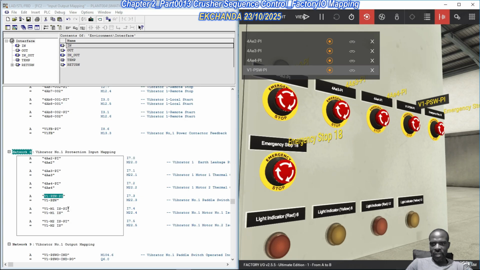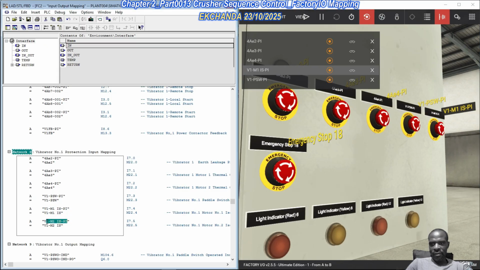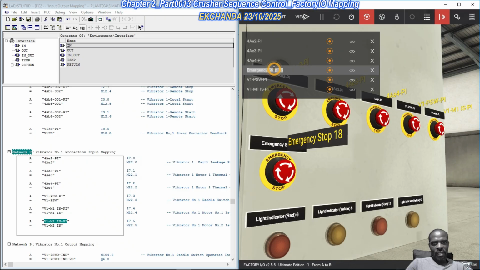vibrator 1, motor 1, isolators. So we're talking about the 2 isolators. Control C, Control V, and then the next isolator for vibrator 1, motor 2, is going to come here. Done.